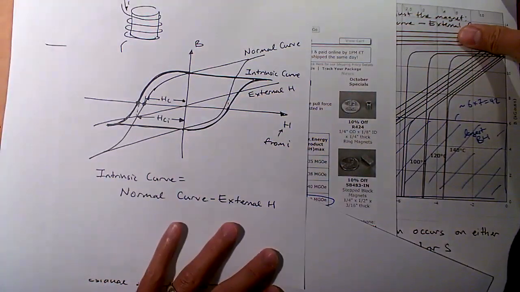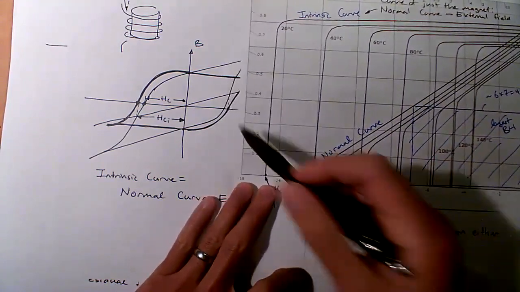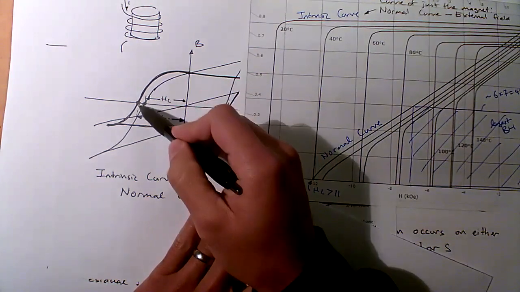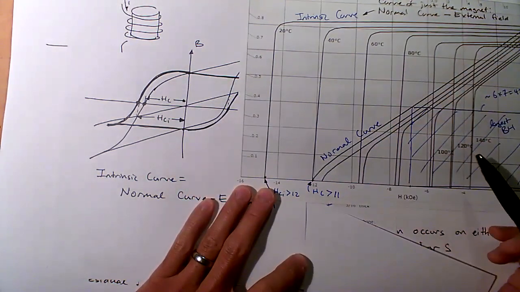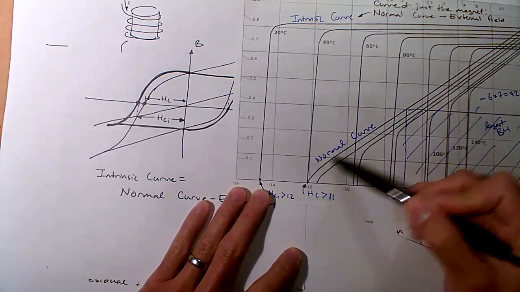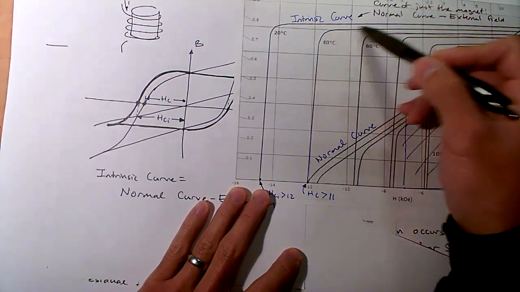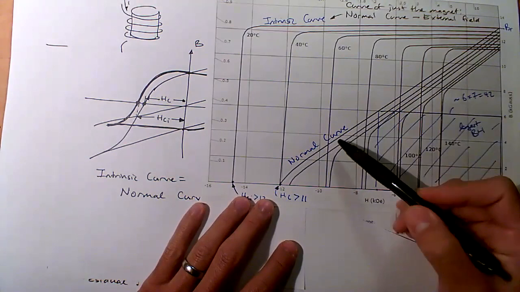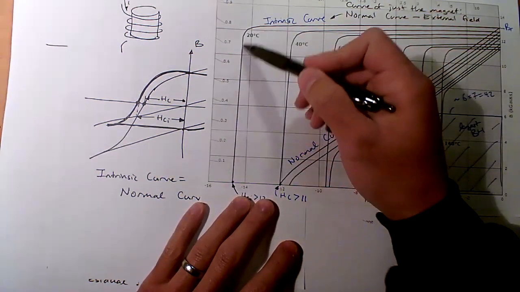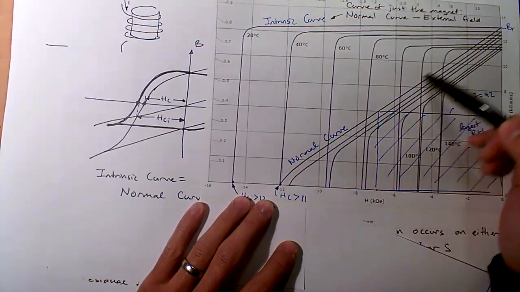That is this one here. And you have your intrinsic curve. Notice the intrinsic curve is a little bit higher, right? So let's look at this one specifically because that's the one where we're operating at, let's say 20 degrees Celsius. Yeah, room temperature. So it's this intrinsic curve here, and this normal curve here.